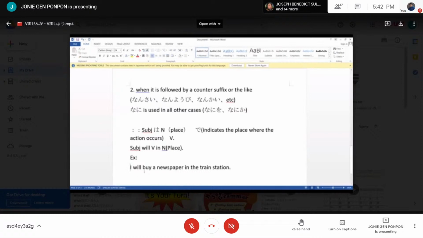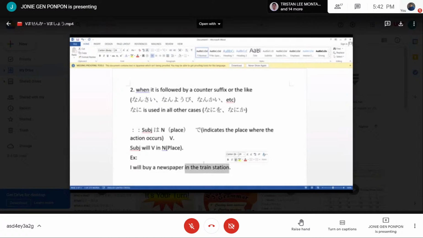So we have a subject which can be omitted when translating it in Nihongo. And then our verb is will buy. And then our direct object is newspaper. Okay, what will you buy? Newspaper. That's your direct object. And then where will you buy? Okay, in the train station.